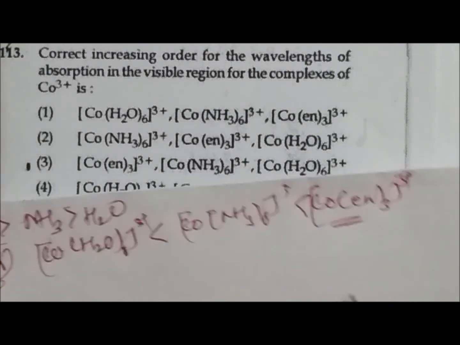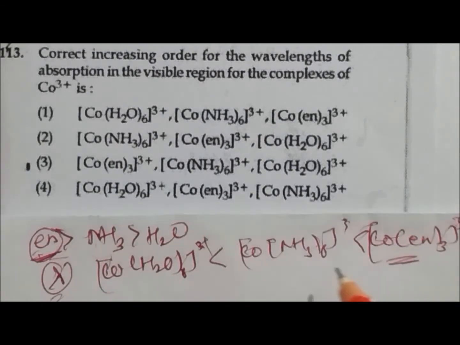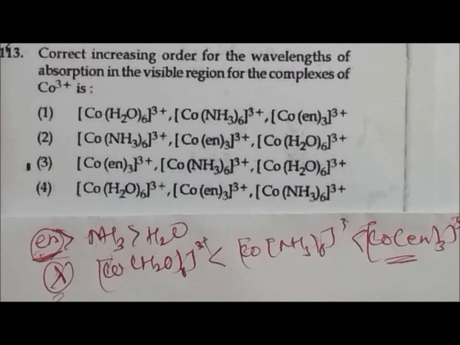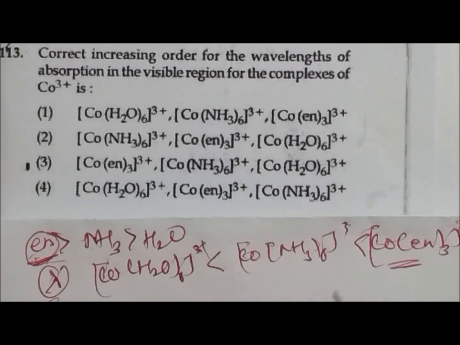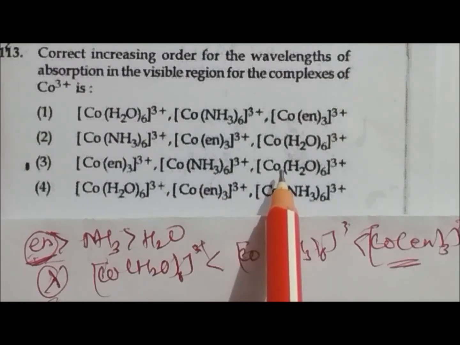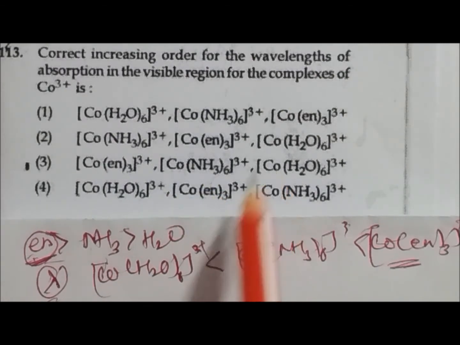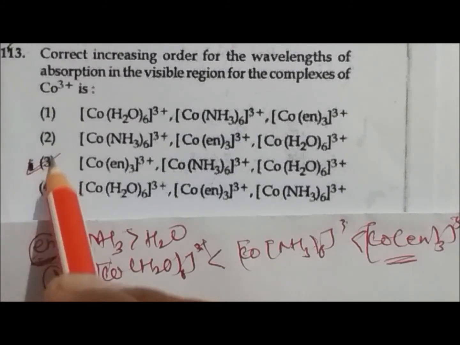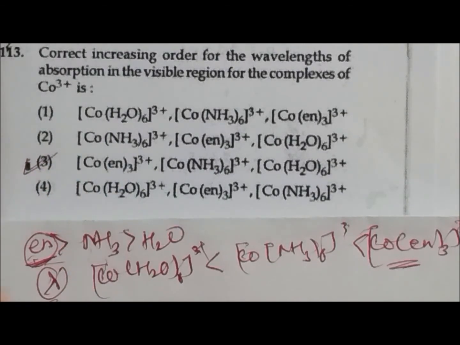The wavelength absorbed will be the reverse of this order. So Co(en)3 will be your first absorption, and you can see clearly en is coming here, NH3 here, and H2O this side. So this means that this answer is correct. Someone marked the correct answer also. So all of 1 to 4 are wrong answers.